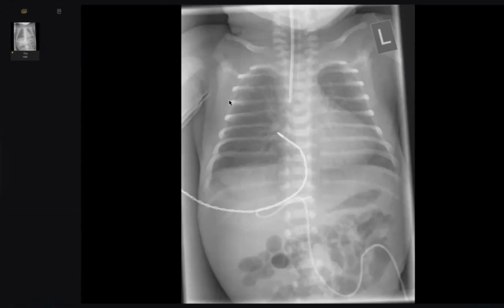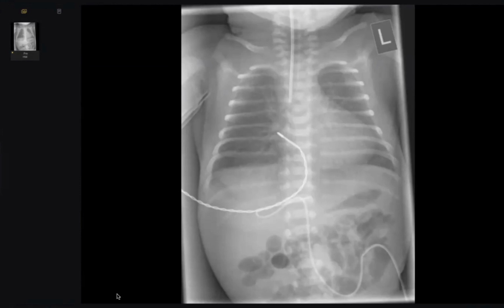The endotracheal tube is low lying and located at the level of the carina. It should be withdrawn. However, I cannot appreciate a significant collapse. Mild atelectasis noted.